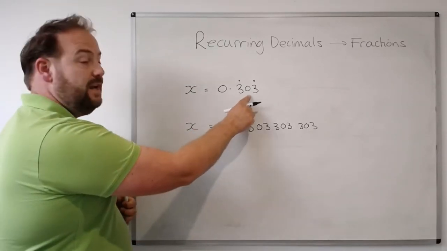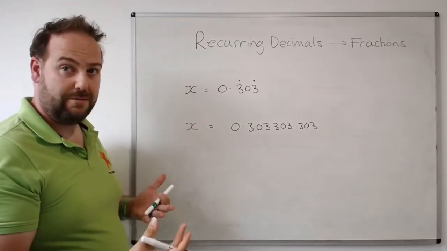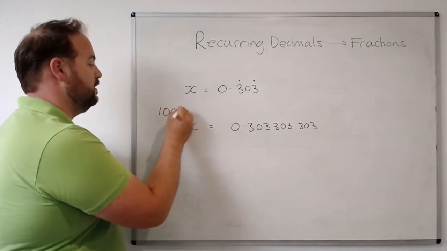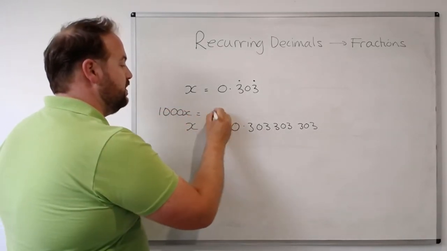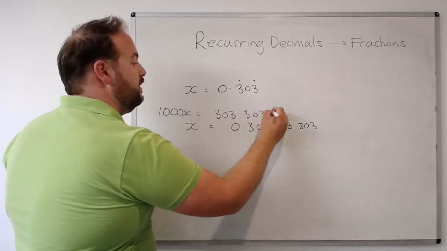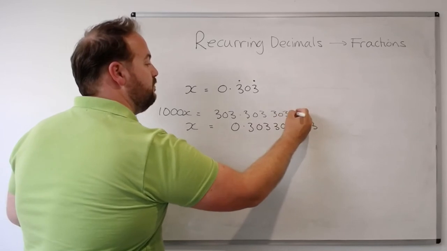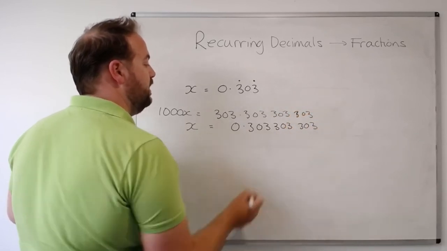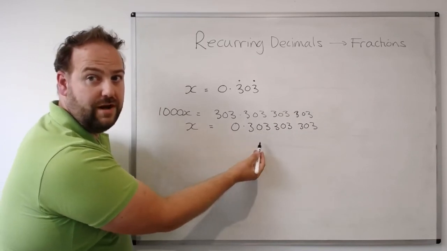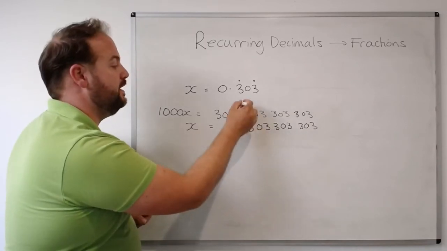There are 3 numbers which are recurring. We need to multiply by 1,000. We need 1,000x is 303.303.303. When you do the subtraction here, all these 303s will disappear.